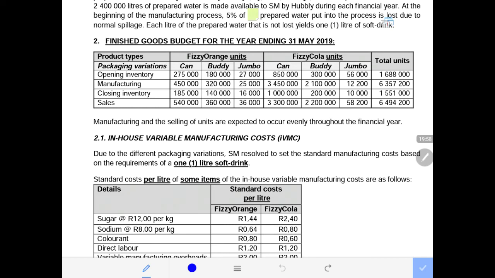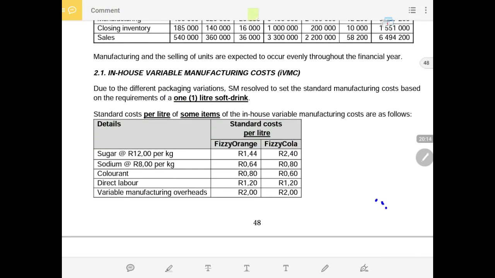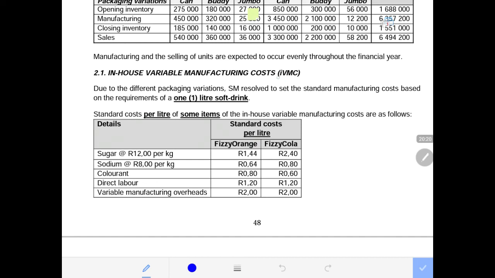So they gave us information per 1 liter of a soft drink, not per 330 milliliter, not per 450 milliliter, not per 1.25 liter, but they gave us information per liter. So now we do have the in-house variable manufacturing cost, and they also gave us the abbreviation for this, which is IVMC. And these costs are variable.